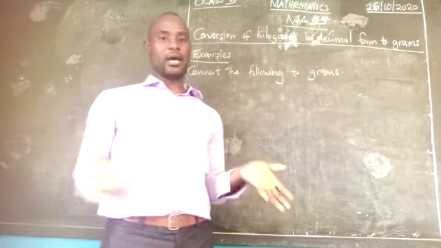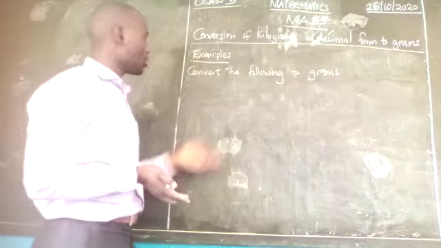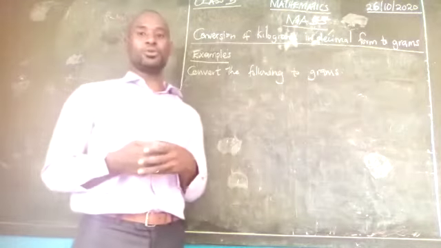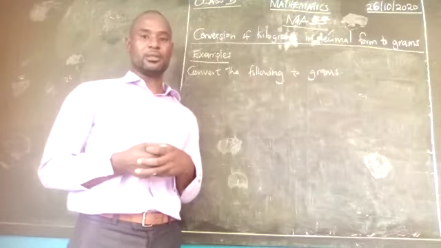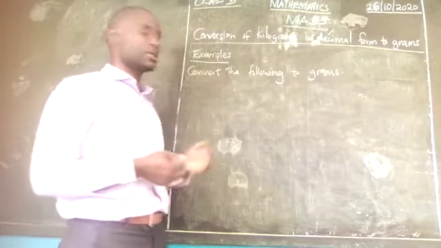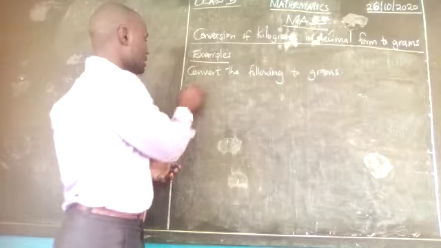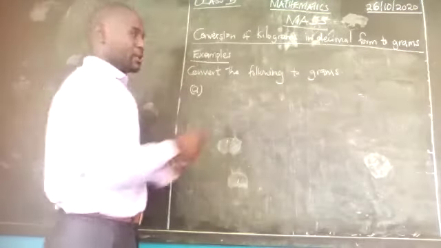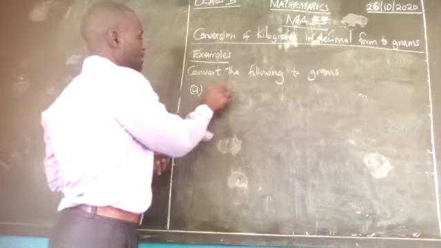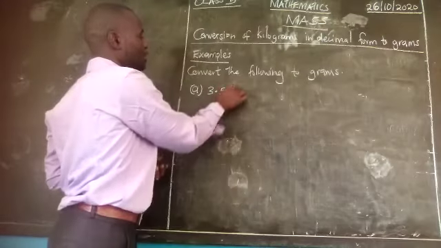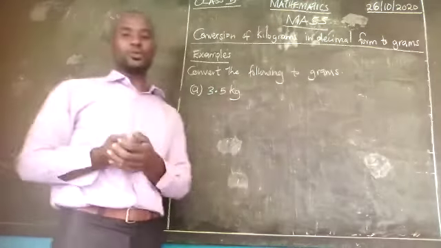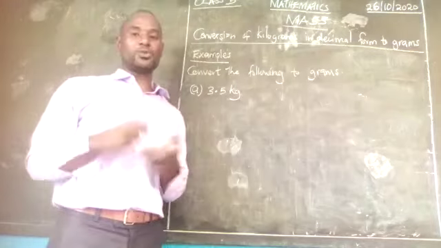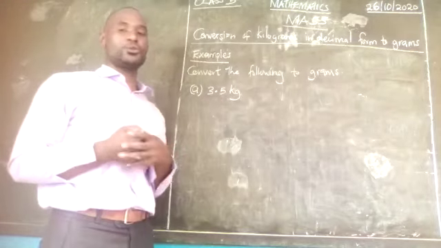So, we have this question. Convert the following to grams. So let us look at our first example. We have an example here whereby we have been given 3.5 kilograms to convert them to grams, or to change 3.5 kilograms to grams.